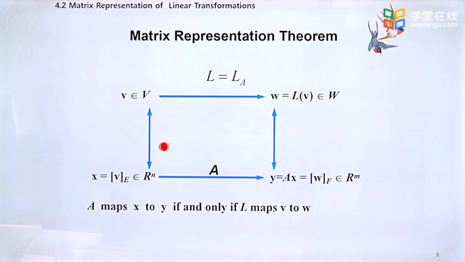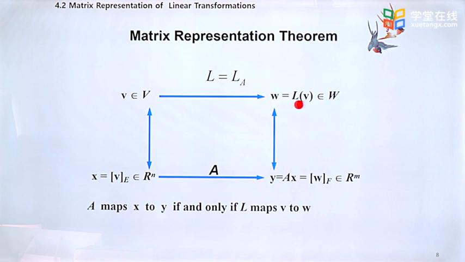Okay, this matrix representation theorem can be understood by this figure. See, here you have a vector v belonging to the vector space V, and here L is a linear transformation. We write L equals L_A. Using this linear transformation, v becomes now w.